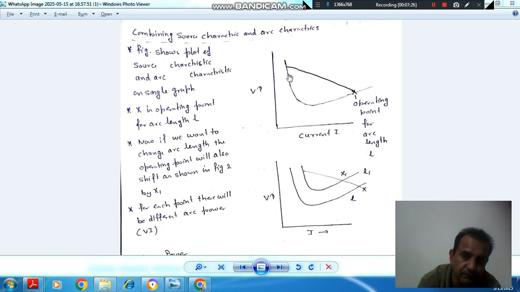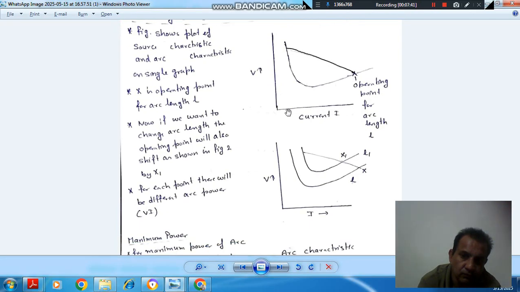So that is your arc characteristic and that is your source characteristic. The operating point should be on this line, not on this line. So this is the operating point. This is for a particular arc length L. Now if we want to increase arc length, then the operating point will also shift from X to X1.